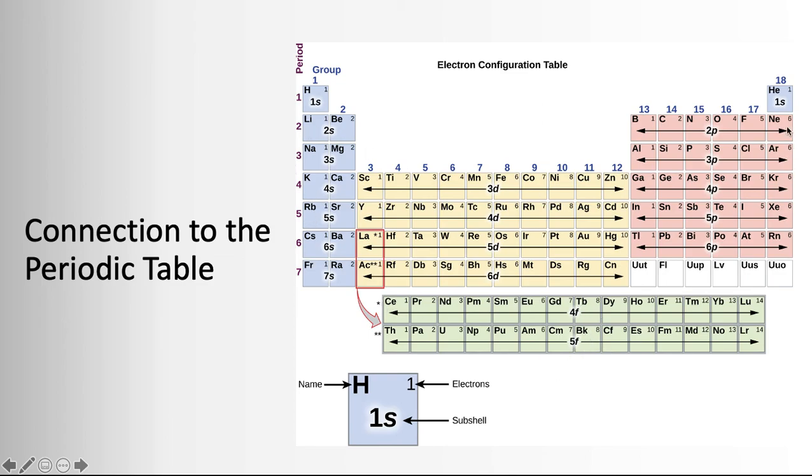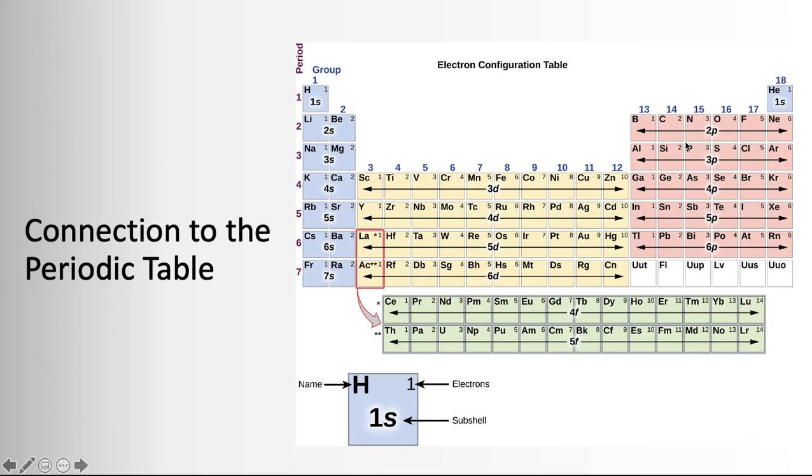So it's interesting to look at the divisions in the periodic table, and the rows and the columns will tell you exactly what level you are filling and what shell or subshell and what orbital you are filling.